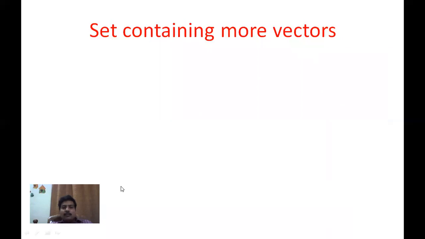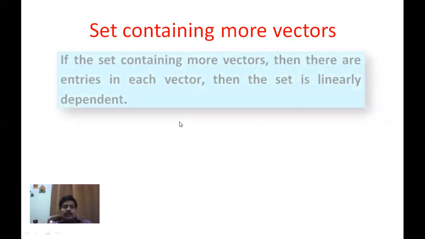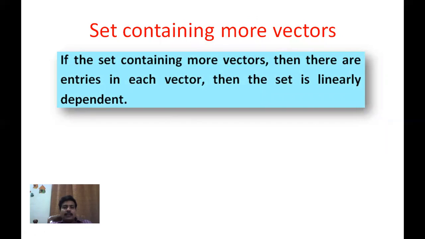Let us discuss a set containing more than two vectors. If the set contains more vectors than the entries in each vector, then the set is linearly dependent. There must be more vectors than the entries in each vector.